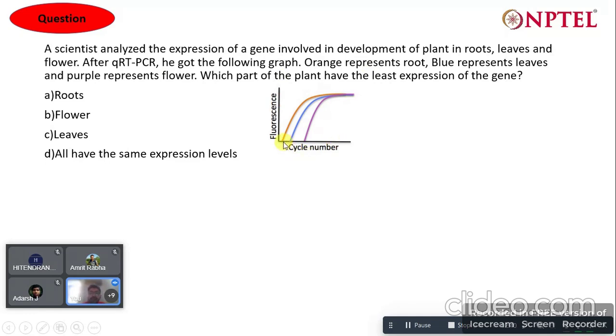The orange line represents the expression of the gene in root, the blue line represents the expression in leaves, and the purple line represents the expression in flower. So, looking at this graph only, can you tell which organ has the least expression of that gene?